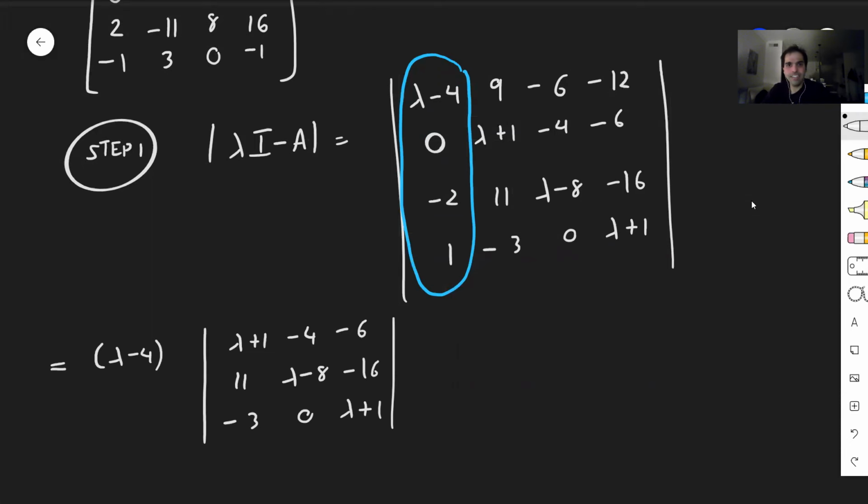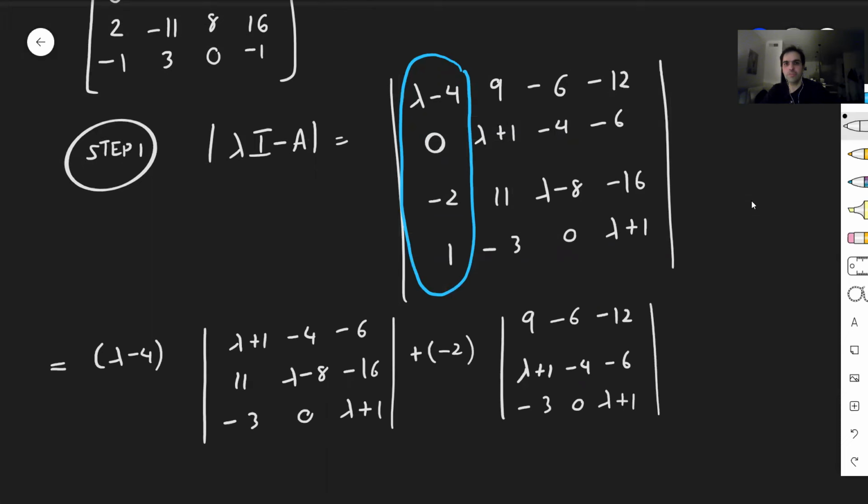And then -0, plus -2. And again, you take the minor, so determinant of 9, -6, -12, lambda plus 1, -4, -6, and then -3, 0, lambda plus 1.